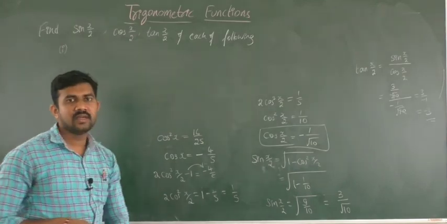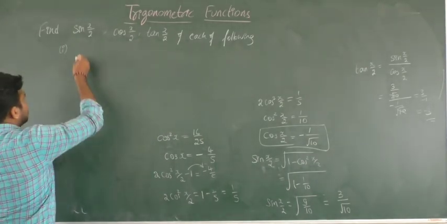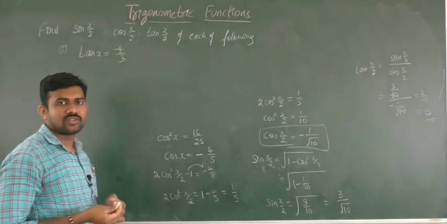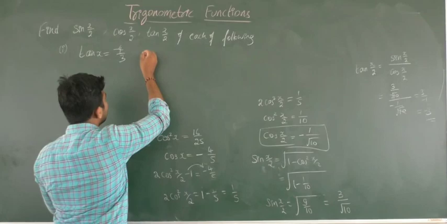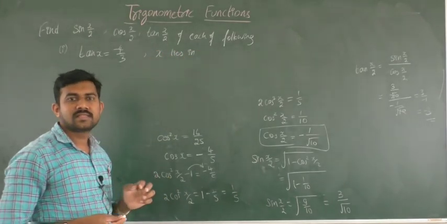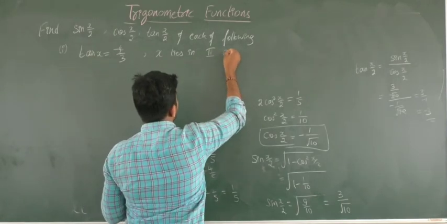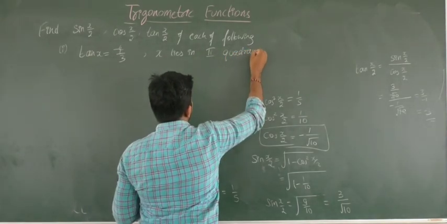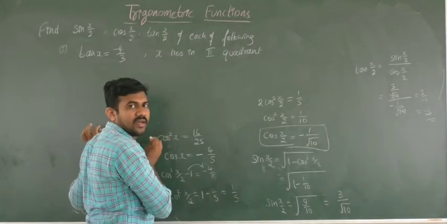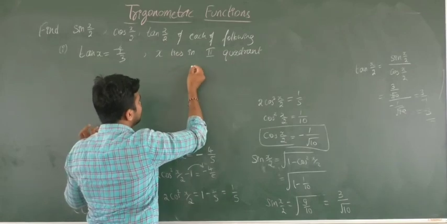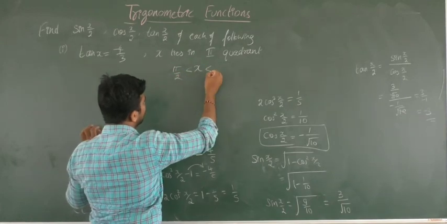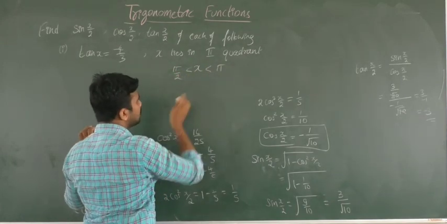See, the given tan x is equal to minus 4 by 3. X lies in second quadrant. So x lies in second quadrant means we can write in the inequality that x is in between 90 degree to 180 degree, pi by 2 to pi.